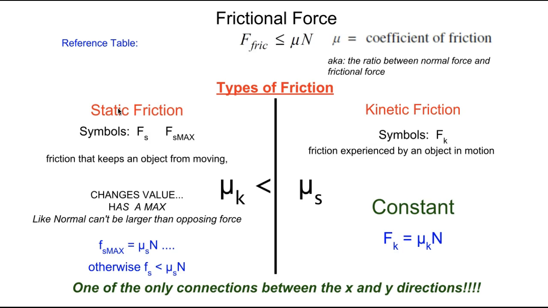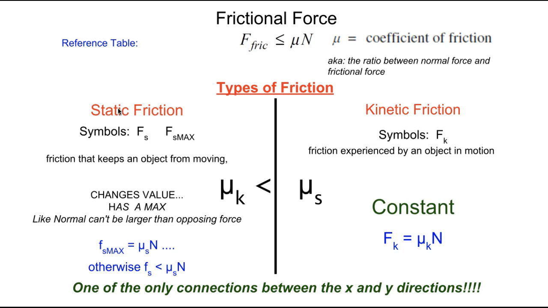Kinetic means motion, so it's the friction of motion, resisting the actual motion itself. This is why when you start pushing a really heavy object, it's really tough as you're applying more force. Then eventually when it breaks loose and starts moving, it suddenly gets a lot easier to pull or push that object. Okay, so that's the idea.